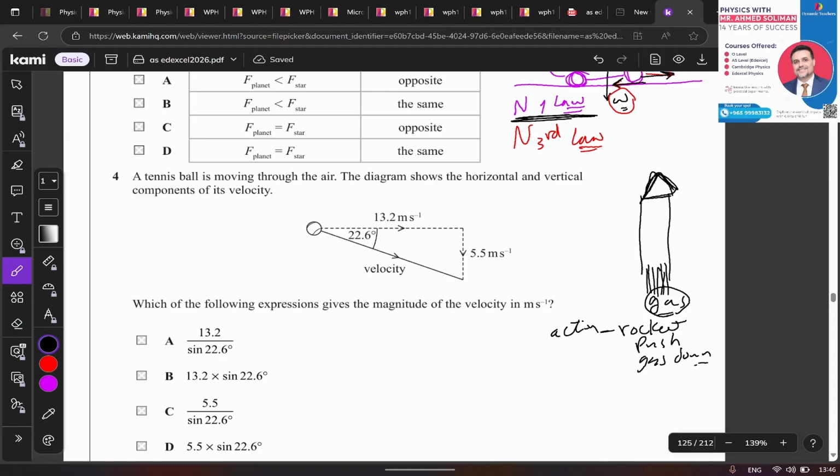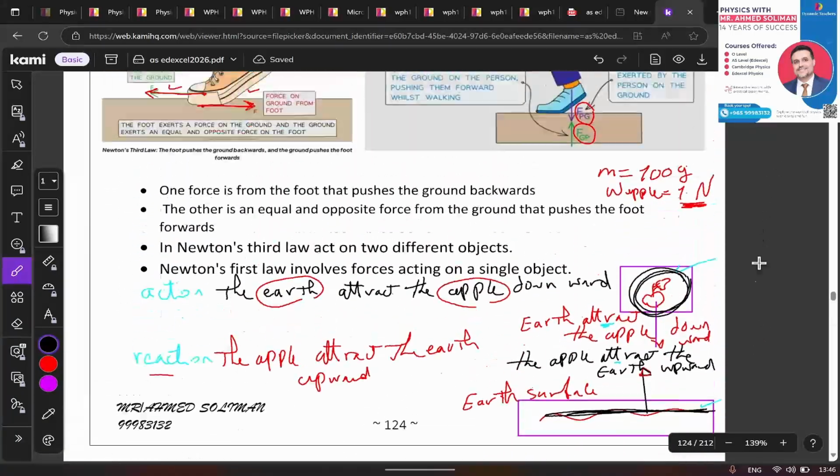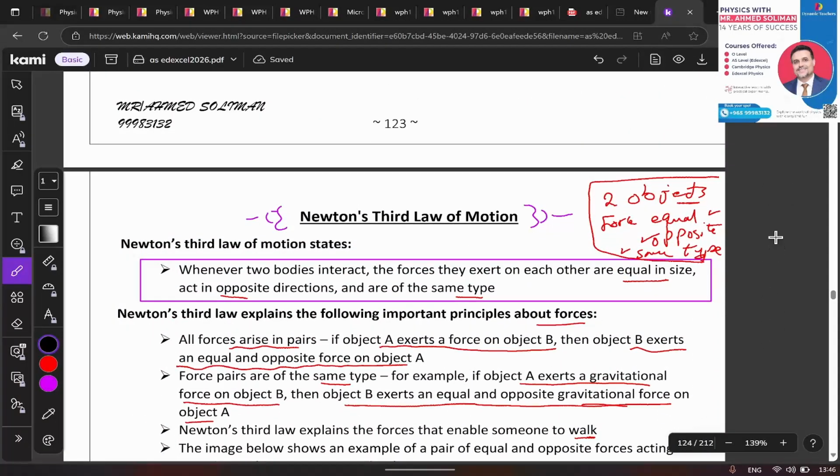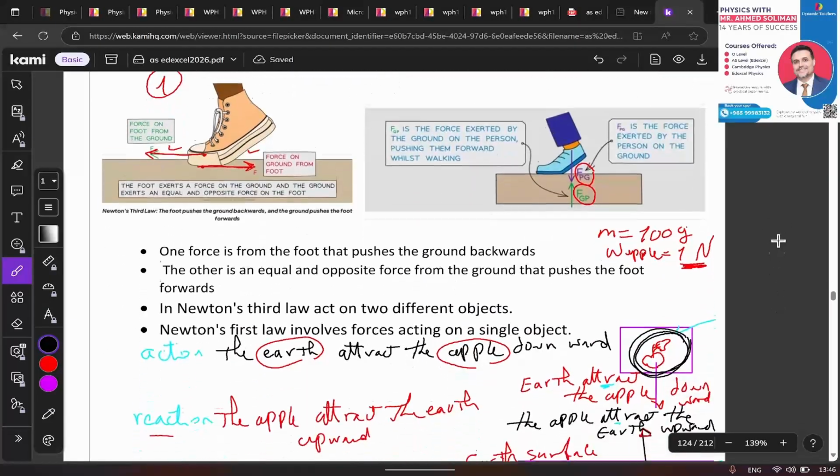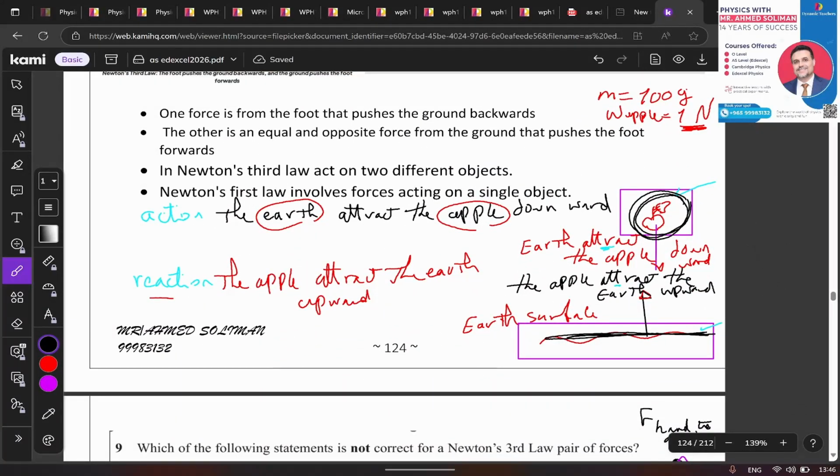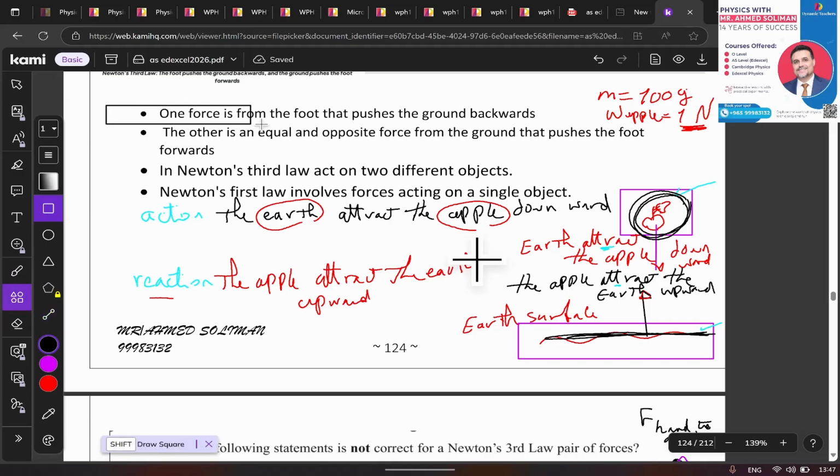So these are the four things we need for Newton's third law: two different objects, forces in opposite direction, same size and same time. Okay? Now we will talk about this part.